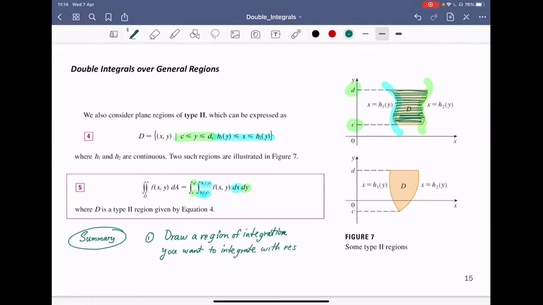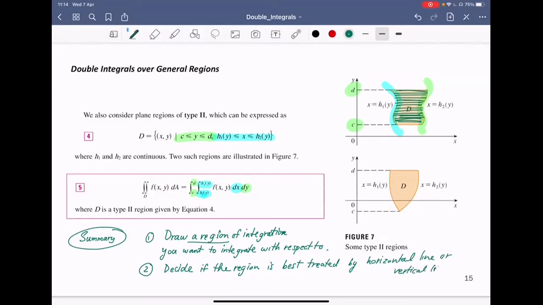Step 2: decide if the region is best treated by a horizontal line or vertical line.